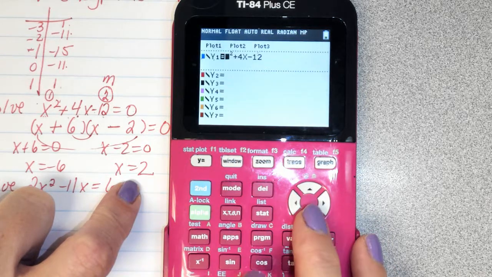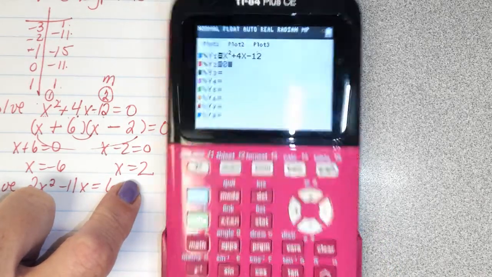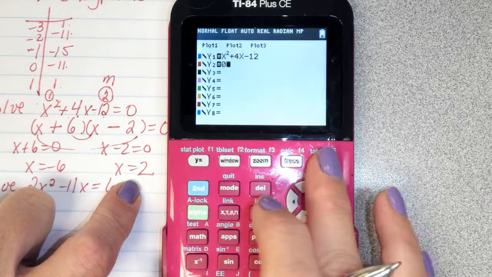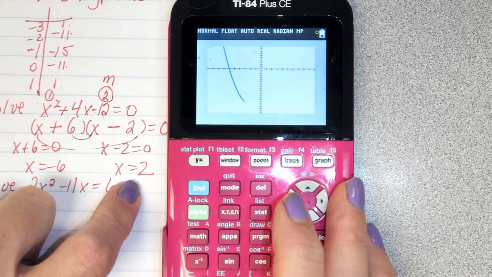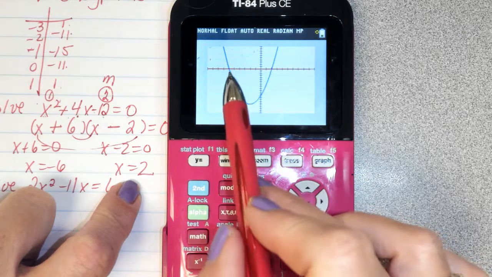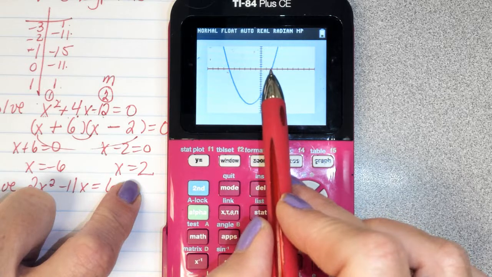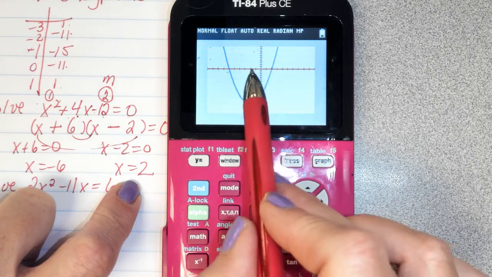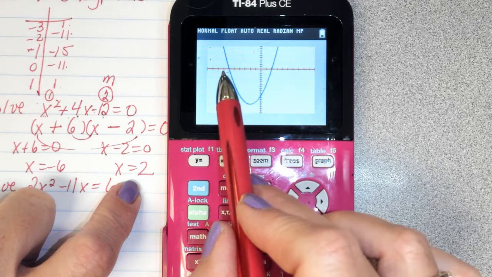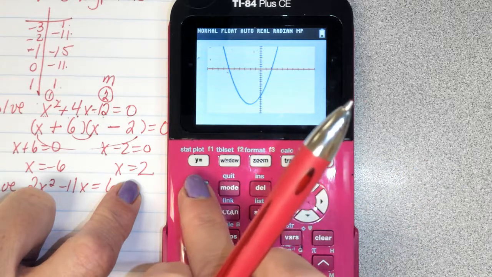The other way is, once I have it in here, I can put in y equals 0. I graph it. Here's the way it looks. So I'm trying to find out, what is this intercept? What is this intercept? I could literally count 1, 2, 1, 2, 3, 4, 5, 6. But I could also do this.